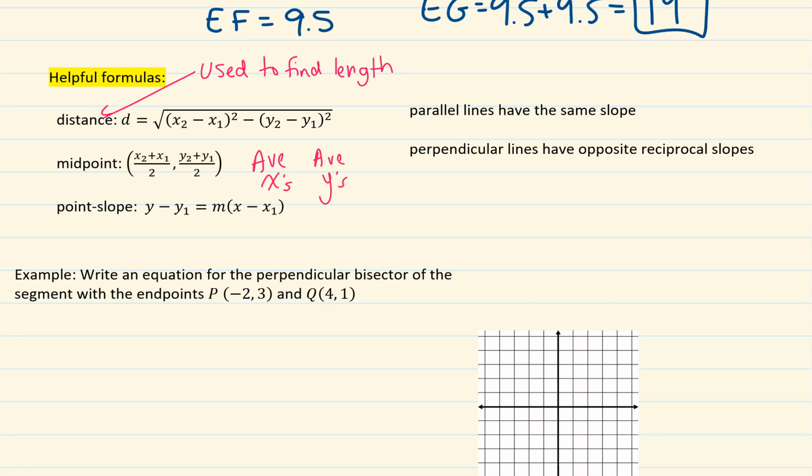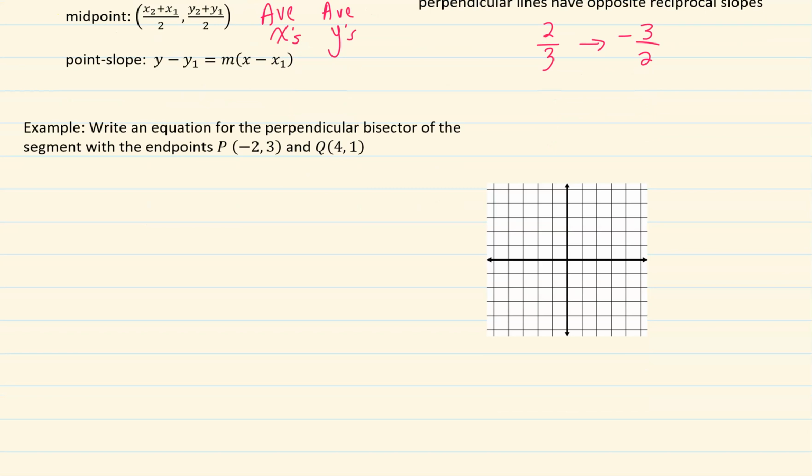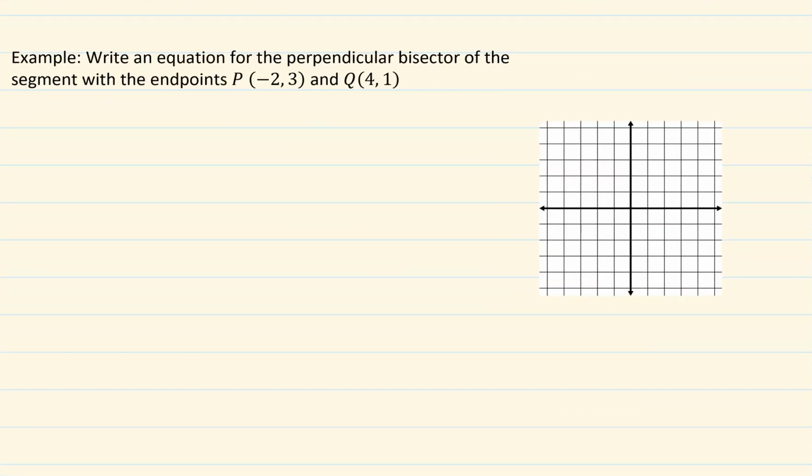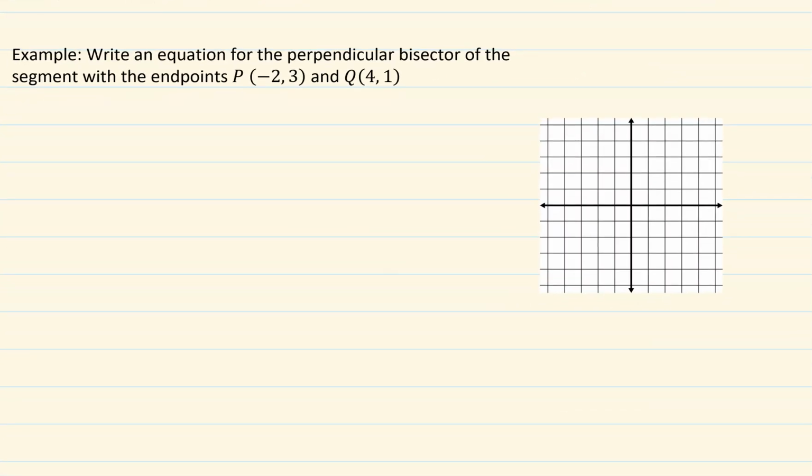And then we have point slope formula like we talked about in the warm-up. And then a reminder that perpendicular lines have opposite reciprocal slopes. So if one of them is 2/3, the one that's perpendicular to that would be negative 3/2. Okay. All right, so this example asks you to write an equation. So that's our first thing.